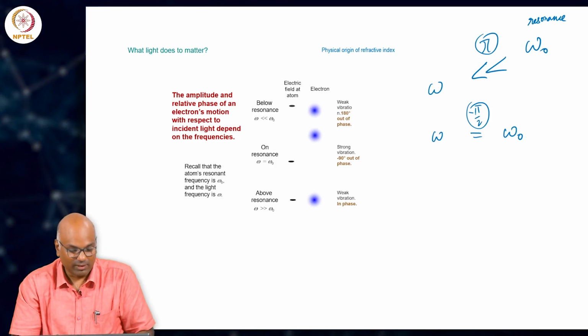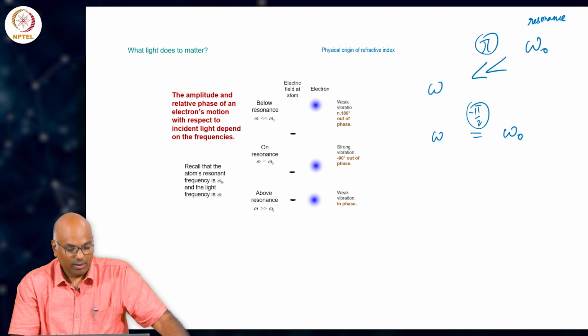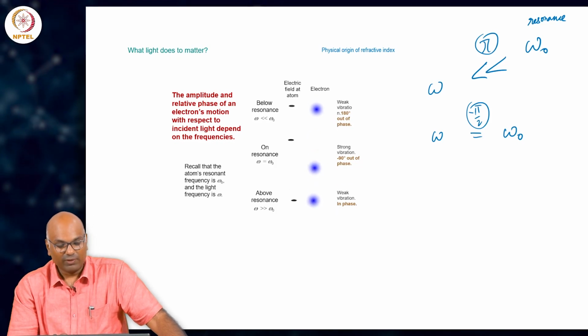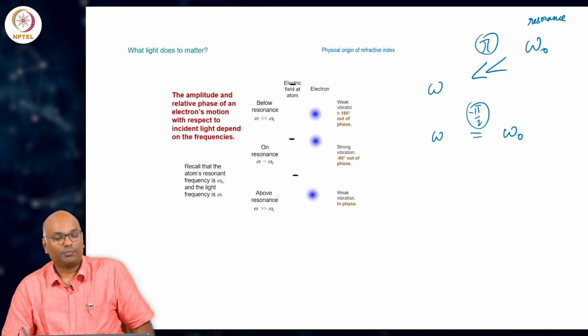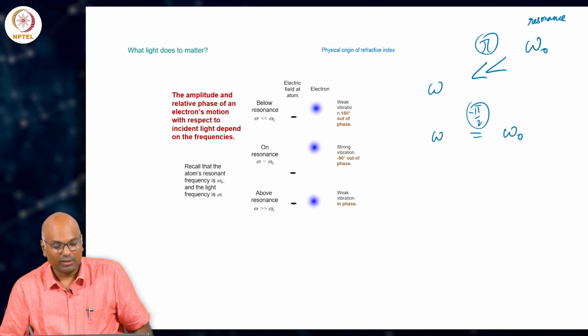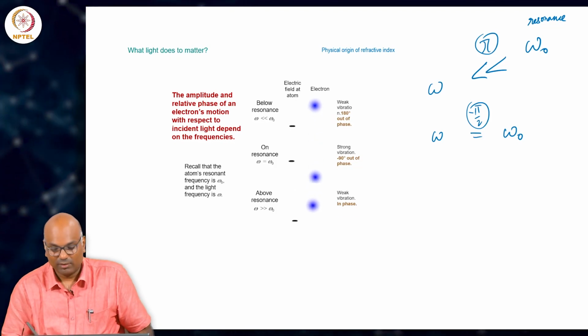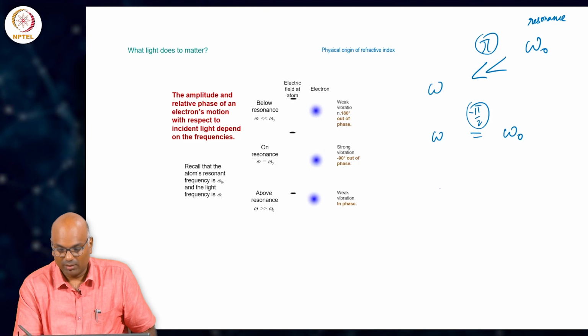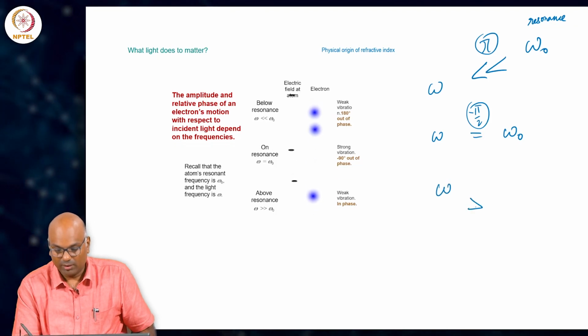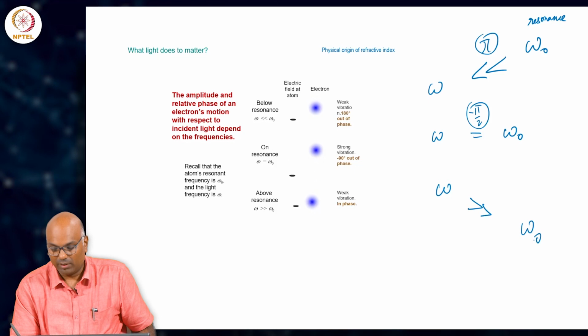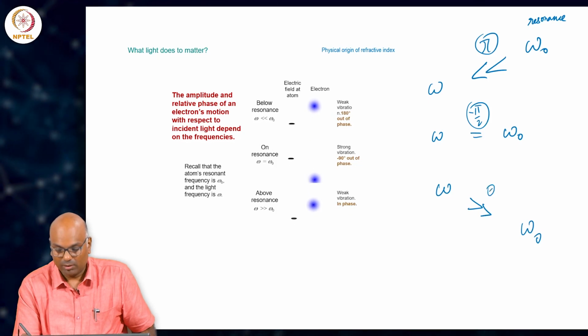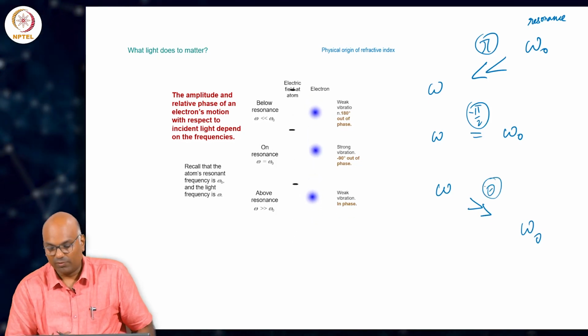We will discuss that in a sec. Whereas above resonance, where omega is much greater than omega naught, the vibration of the two things is in phase. They are 0 out of phase.